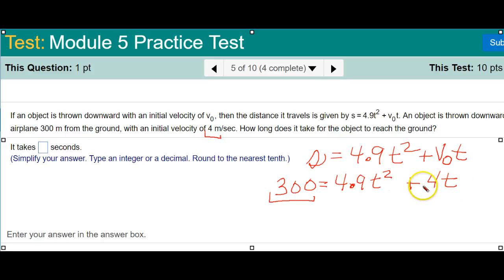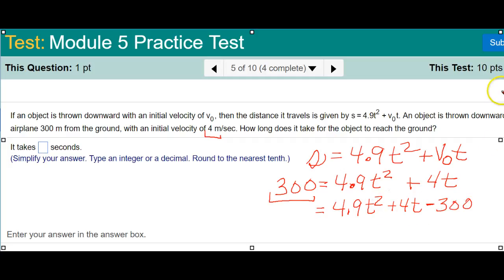And that is where we put the 4 here for initial velocity. So the first thing we have to do is put it in standard form. Minus 300 now. And we need to solve for t.